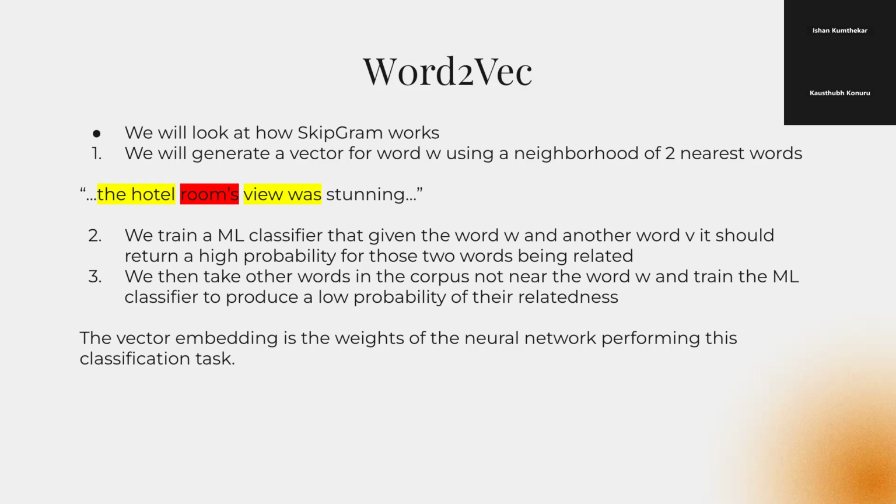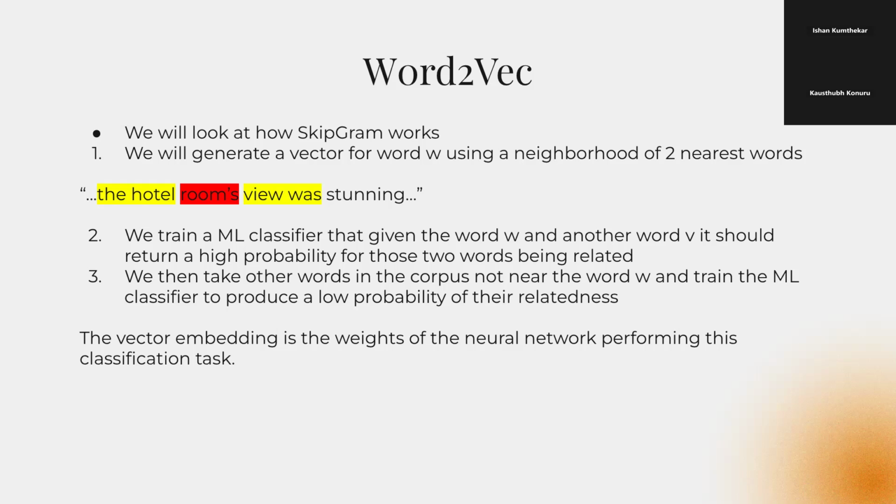But then we also want to make sure that if we give the classifier some words that are not the neighbors, it should return a low probability of their relatedness. So it should return a high probability for the neighboring words and a low probability for the words that are not their neighbors. Then the question would be, yeah?